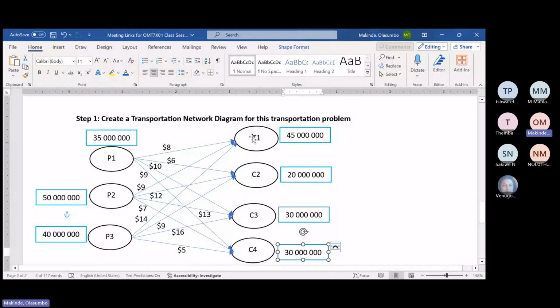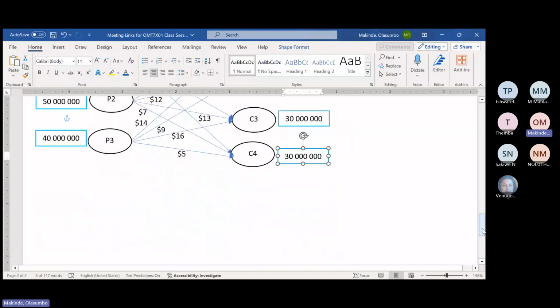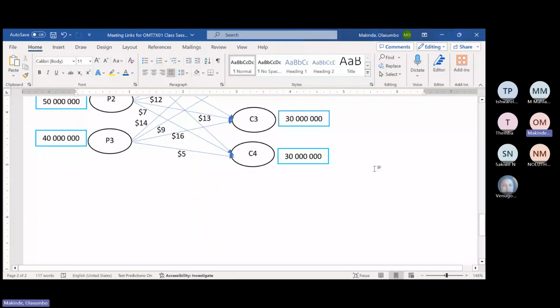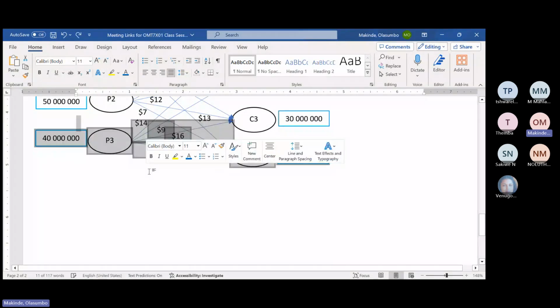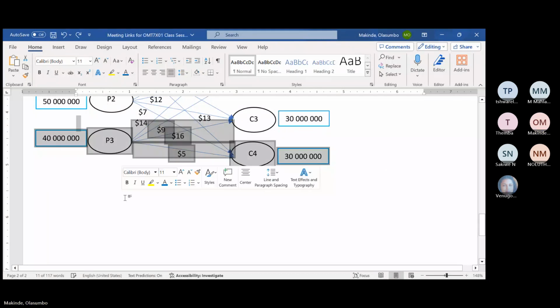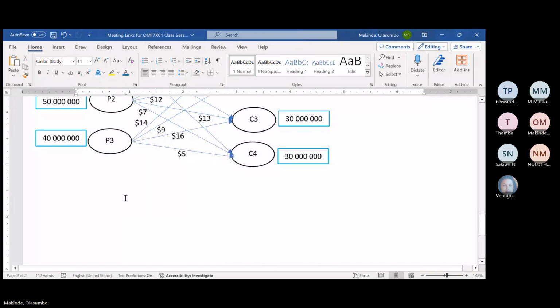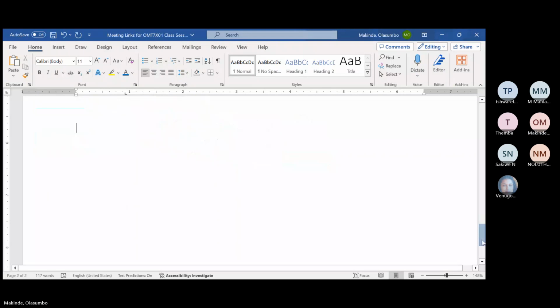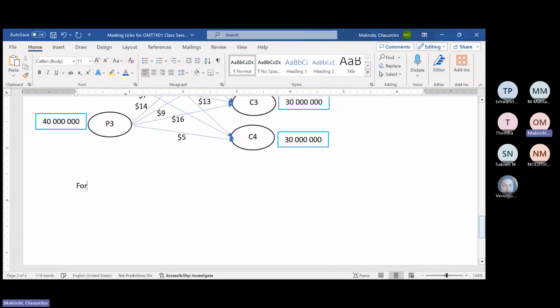The same thing with the demand. We're also going to have demand capacity constraints. So when you do your formulation of the linear programming model now, let me quickly, even if we don't finish it, we'll try to push it to a particular level. So now we are talking about formulation.